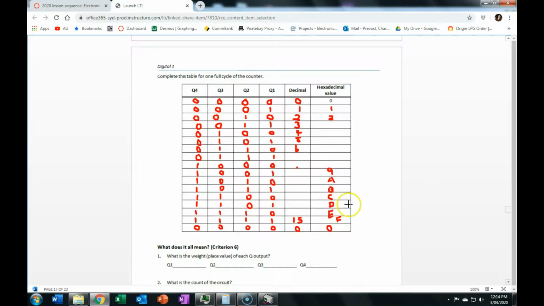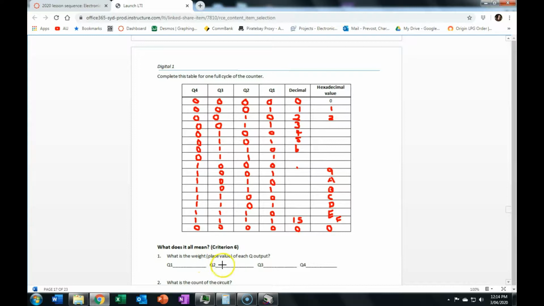With decimal, we can only represent 0 through to 9 with a single character. In hexadecimal, we can represent 0 through to 15 with a single character. But we use the first 6 letters of the alphabet as capitals.